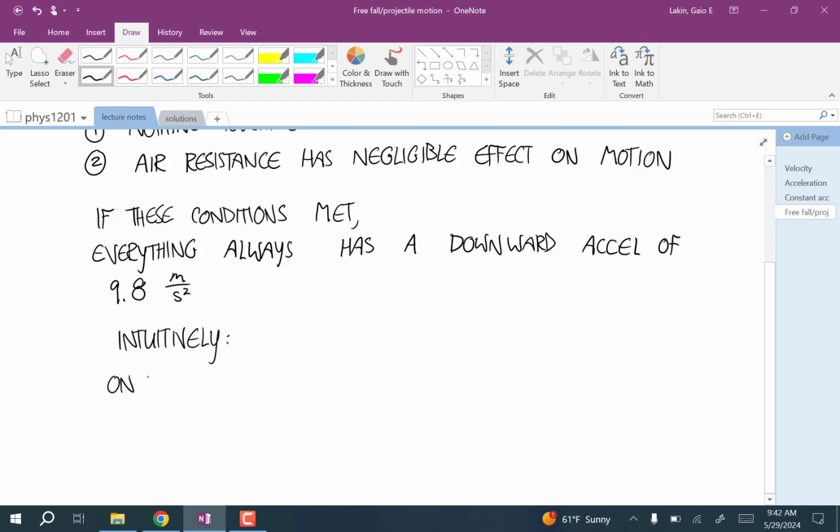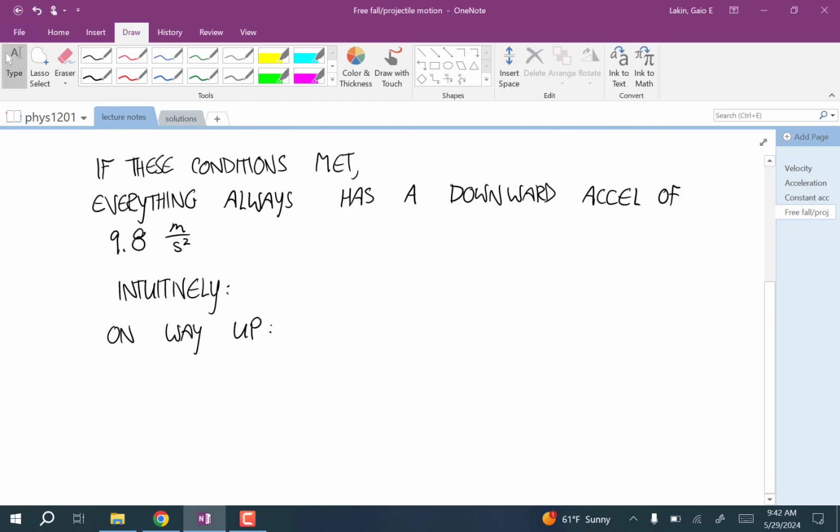On the way up, what happens when you launch an object up into the air until it reaches the highest point? It's slowing down the whole time. It's just slowing down steadily until it gets to the highest point. And so let's think about the direction of the velocity. If it's on the way up, the velocity is up.